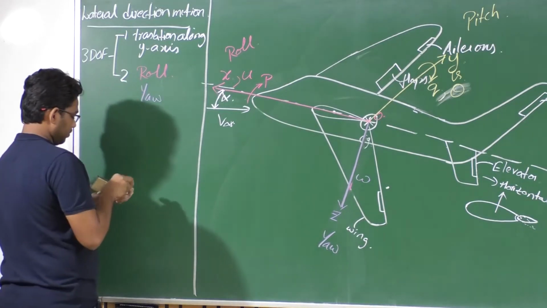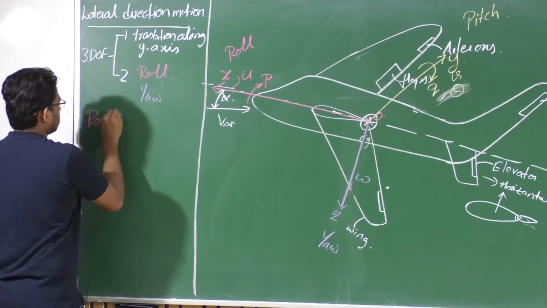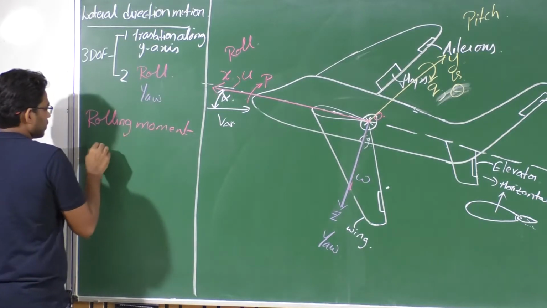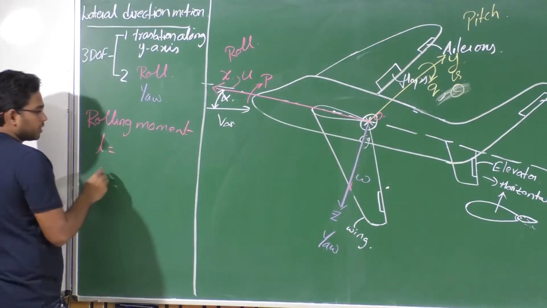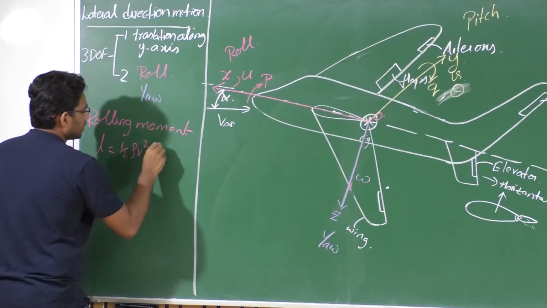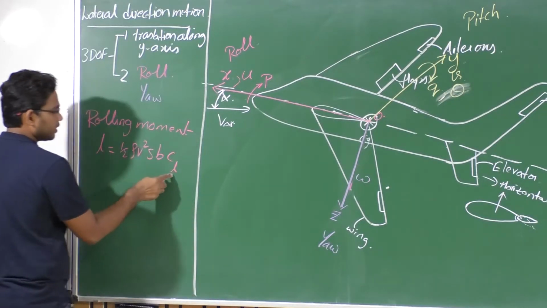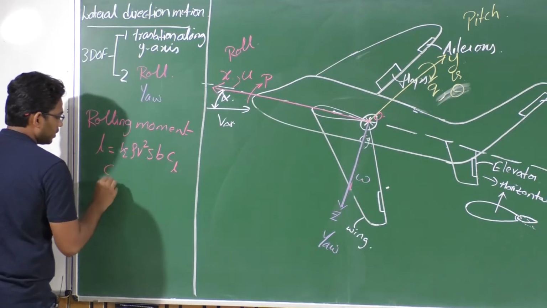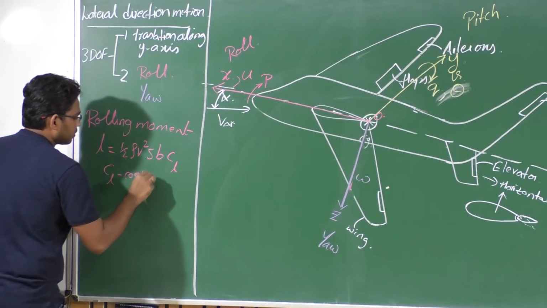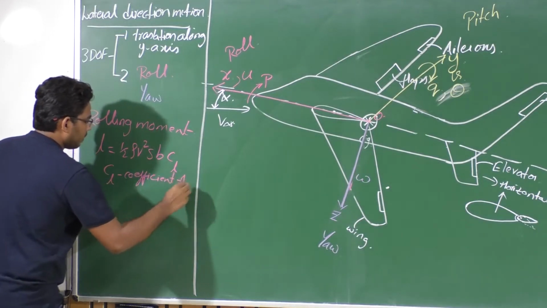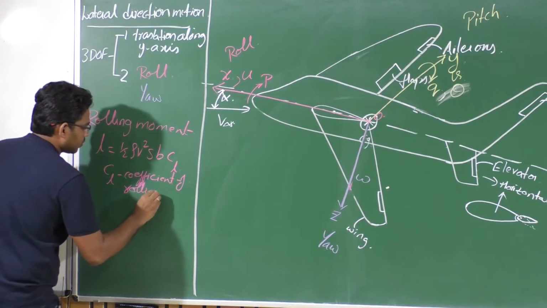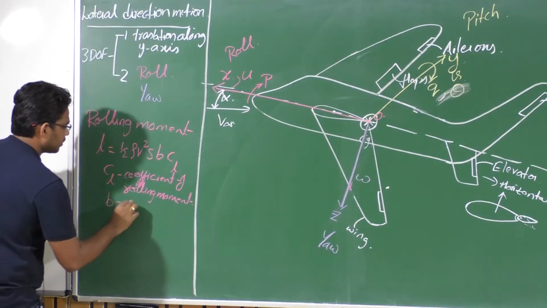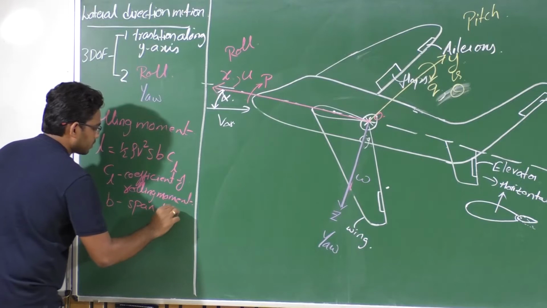The rolling moment is represented by small l, which is half rho V squared S B times C_l, where C_l is the coefficient of rolling moment and B is the span of the wings.